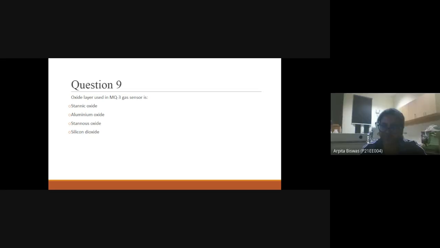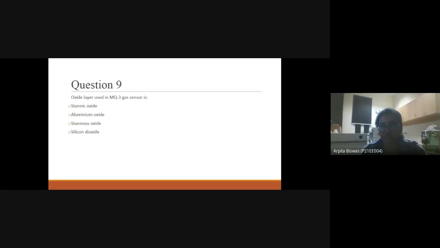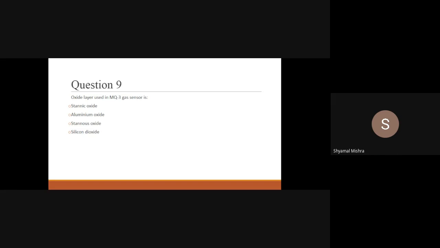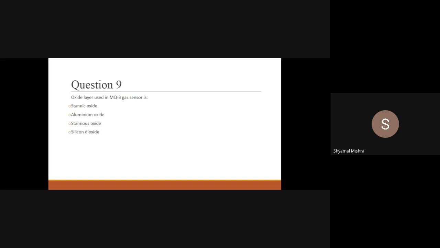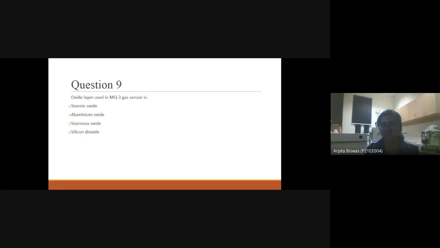And how do we deposit or grow the silicon dioxide? Any technical name? I am asking about the process name. Yes, ma'am, the oxidation process. Yes, we deposit the SiO2 layer by the oxidation process, and the SiO2 layer is a non-conductive layer of silicon. So, how many types of oxidation processes are present?